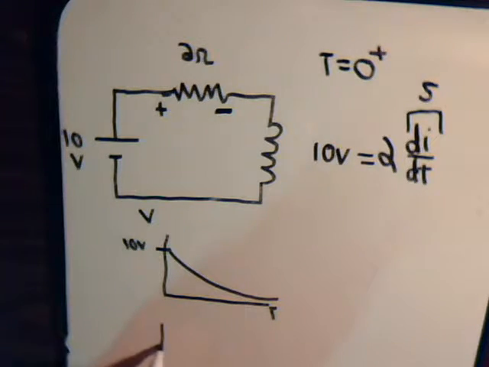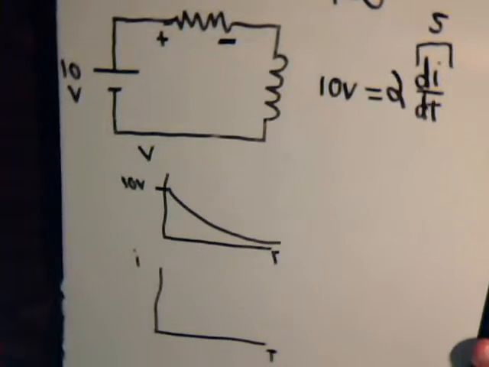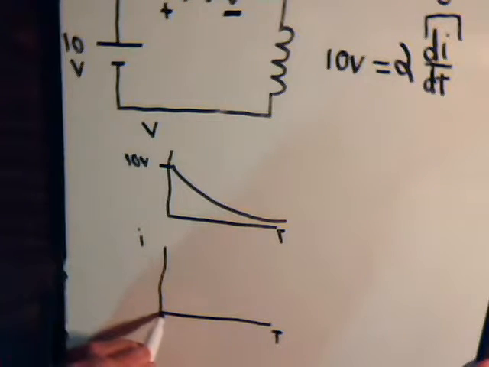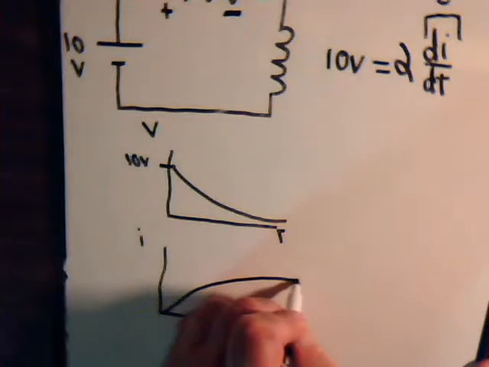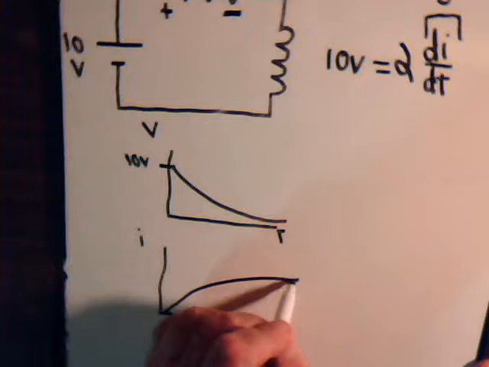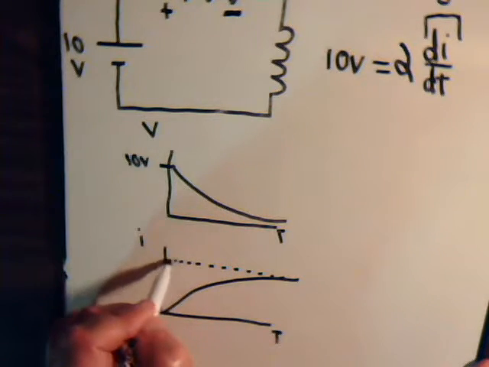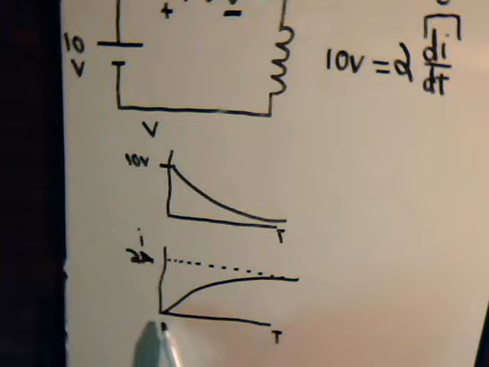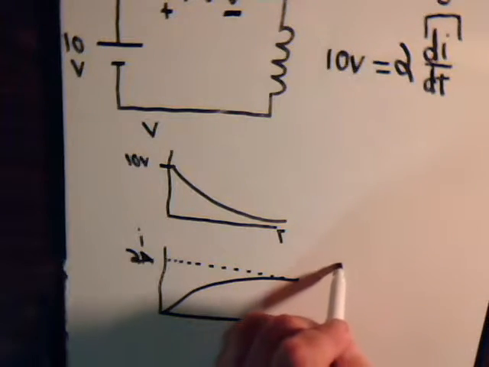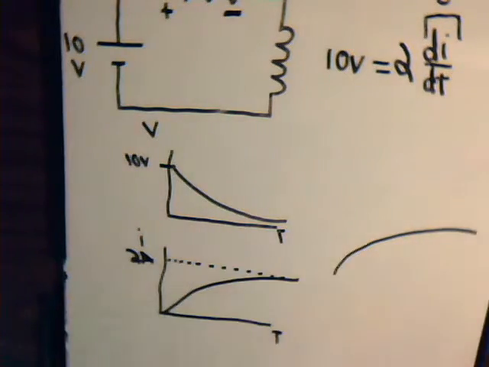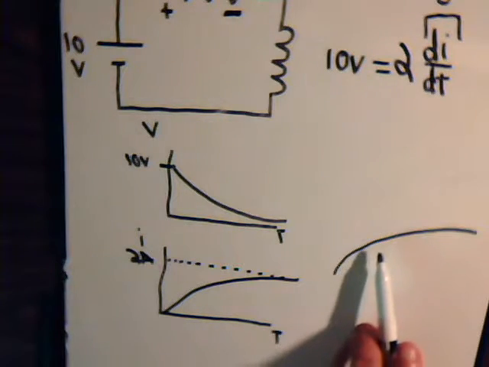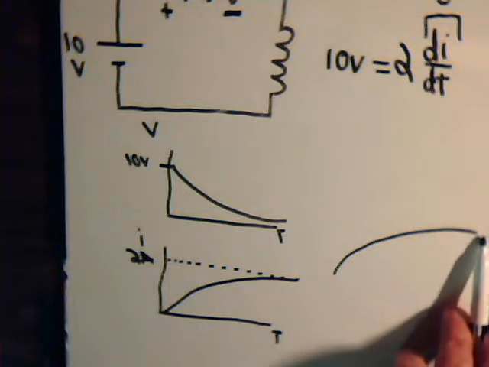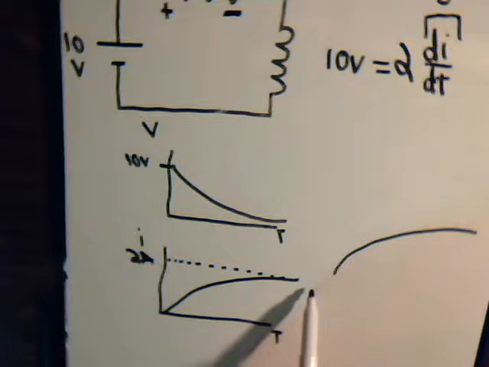And the amount of current in the coil over time, that looks like this. It starts at 0, then goes like this, till it has a value of 2 amps. Well, this curve here, it looks more like maybe this. It gets flatter and flatter as you go along the curve to finally it's just a horizontal line.